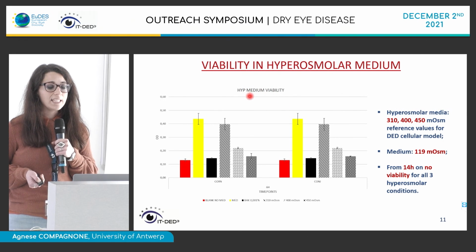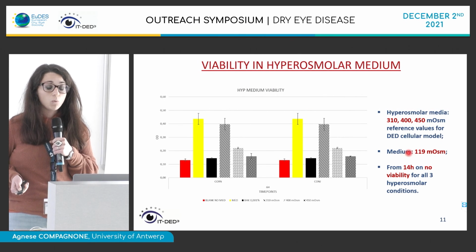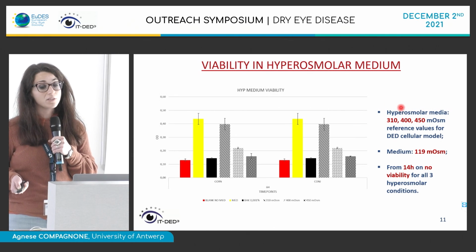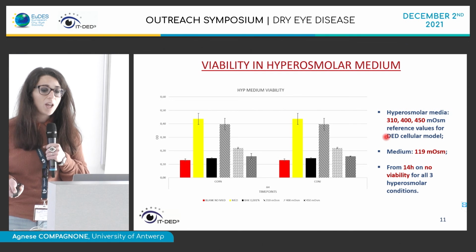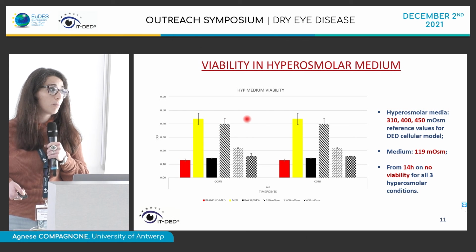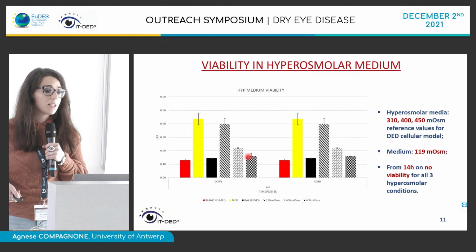And we can see that the osmolarity of the medium is 310, while the hyperosmolar media are, as I mentioned before, at 310, 400, and 450. The 310 hyperosmolar medium still gives us viable cells, but when we increase the hyperosmolarity, the cells start to lose viability.